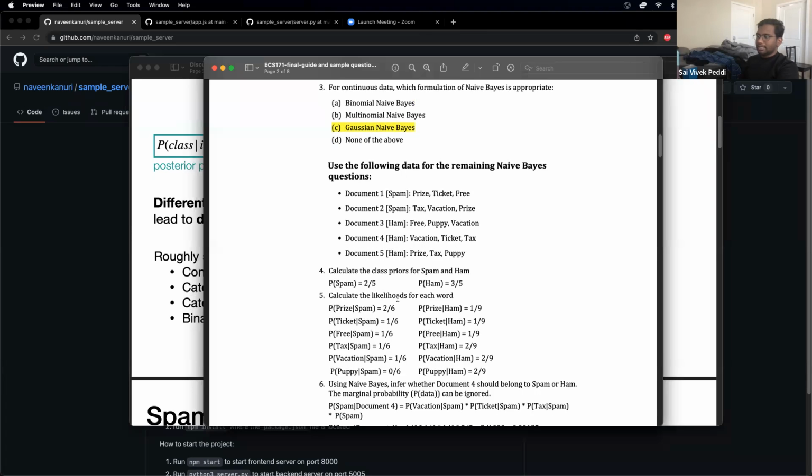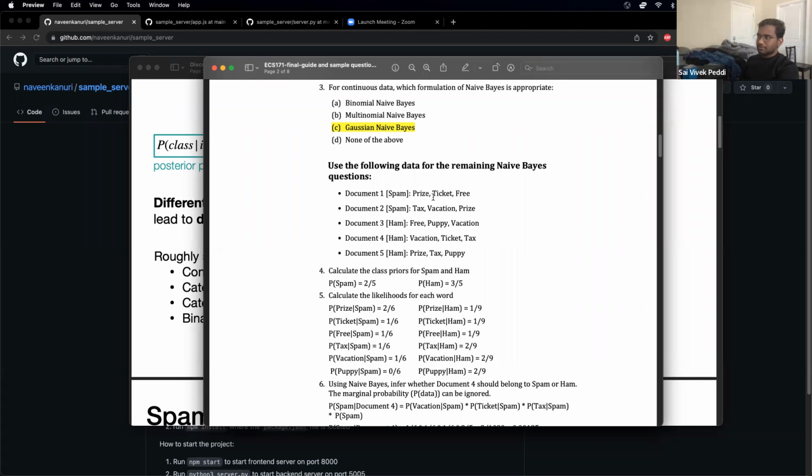Next is to calculate the likelihood for each word. What is likelihood? Likelihood is nothing but the probability of data given that particular class. So, the probability of price given that it is spam. Given that it is spam, we have a total of 6 tokens: price, ticket, free, tax, vacation, and price. There are 6 in total.